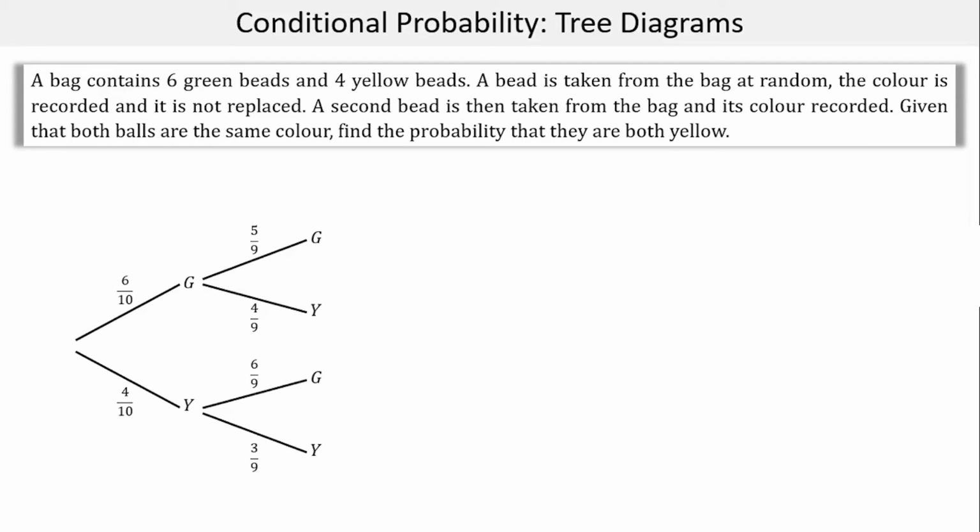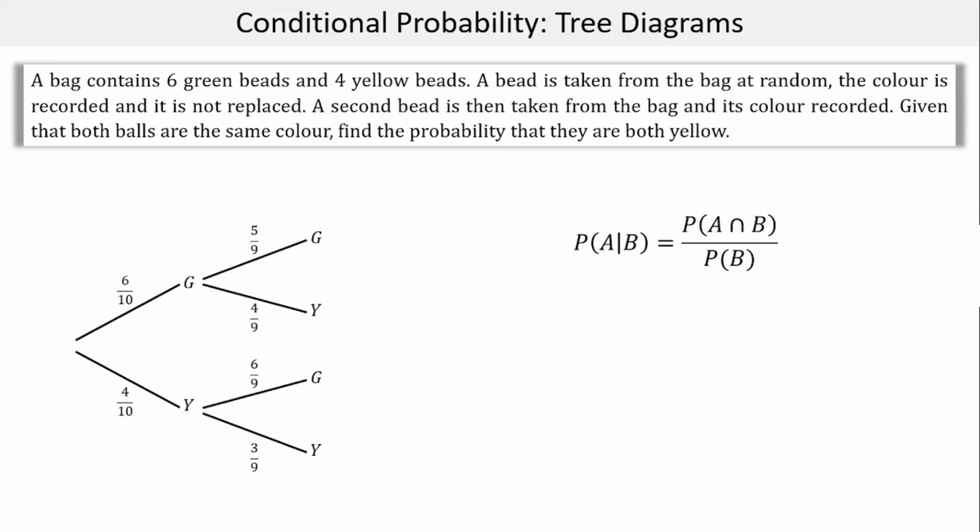We're looking at conditional probability, so I'll start with the formula as usual. I'm going to substitute the events that we're thinking of. So we're looking for the probability that they're both yellow, given that both balls are the same color.